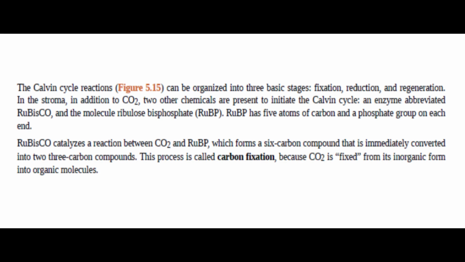Rubisco catalyzes a reaction between carbon dioxide and ribulose bisphosphate, which forms a 6-carbon compound that is immediately converted into 2 3-carbon compounds. This process is called carbon fixation because carbon dioxide is fixed from its inorganic form into organic molecules.